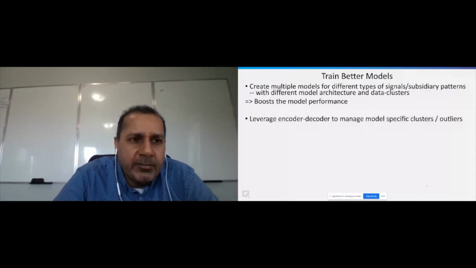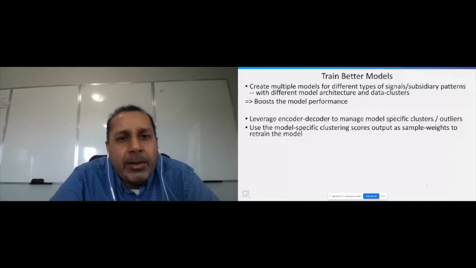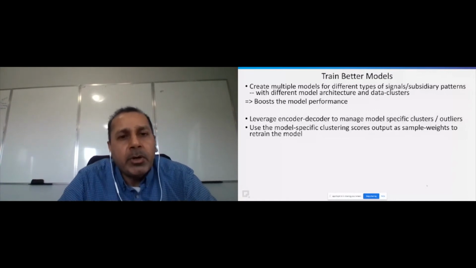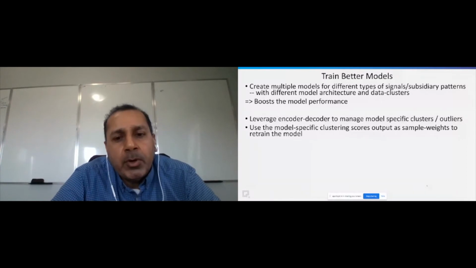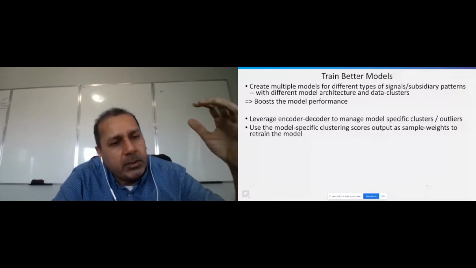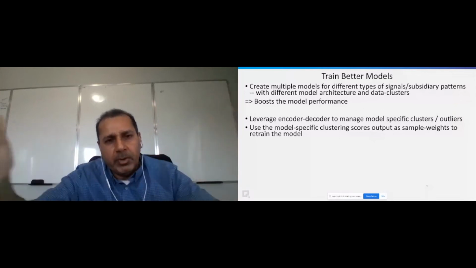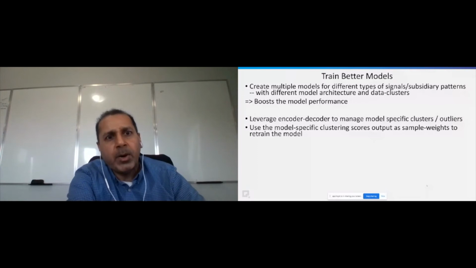Once we have that, we take that output and put it in as model-specific sample weights to retrain the model. So now suddenly I took a monolithic problem and broke it into multiple parts. For each one of the parts, I asked, for this part to train better, what is the right data?